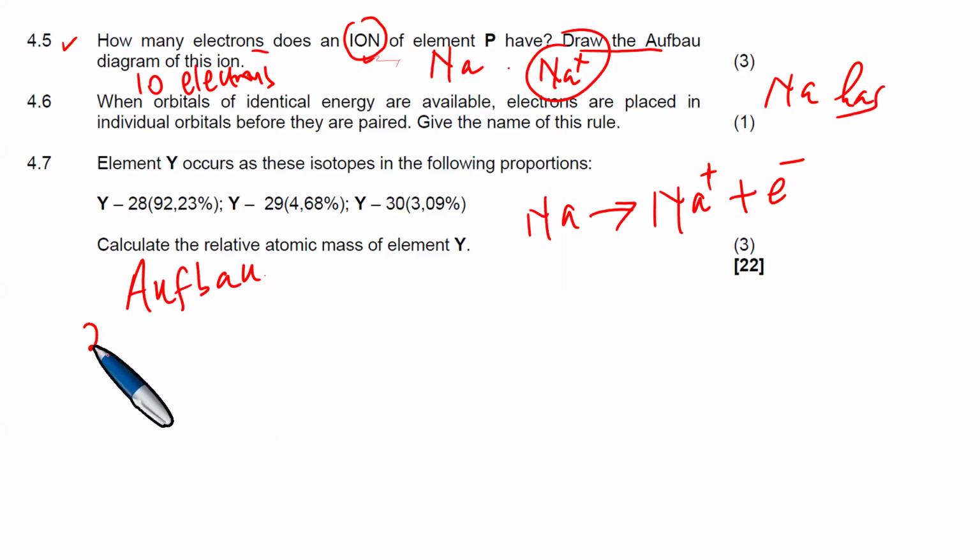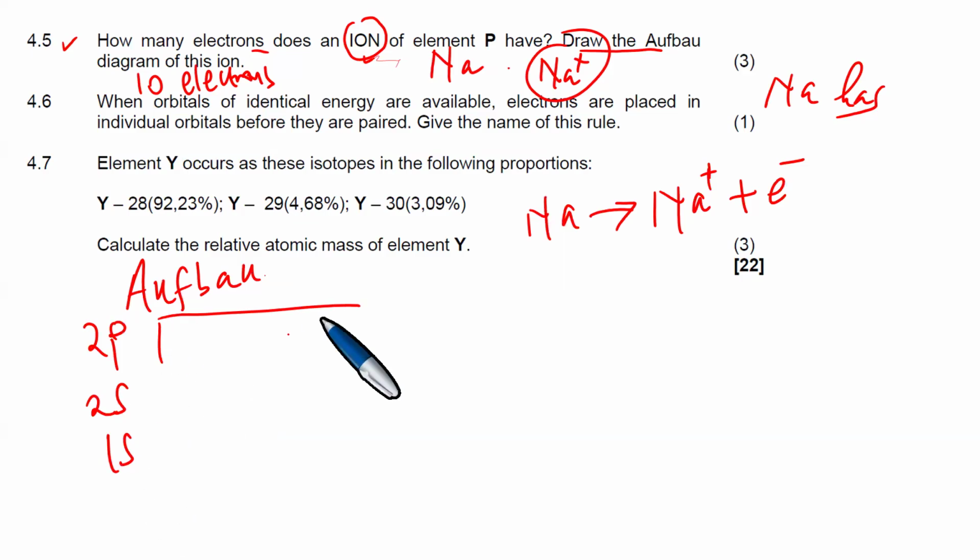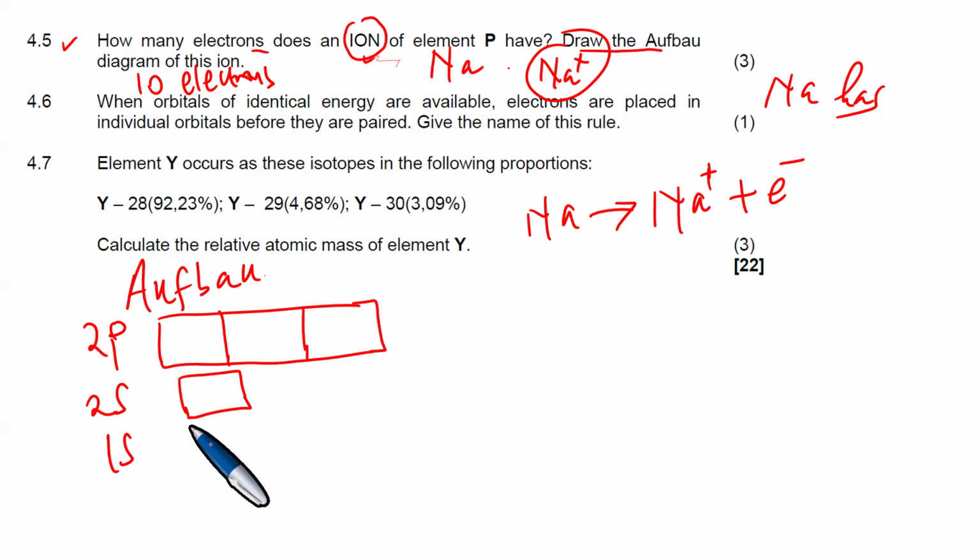We're going to have 2p, 2s, 1s. The 2p has 3 cells like that, and this one is a single block or a single cell. And this one also has a single cell for the 1s.